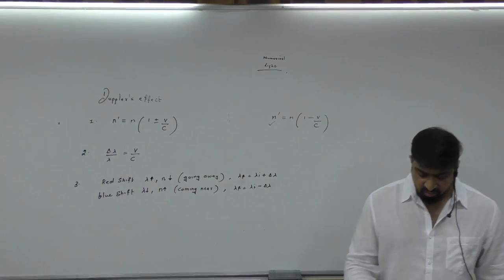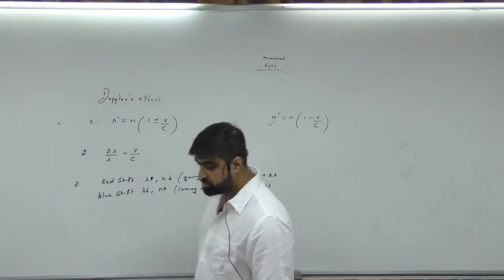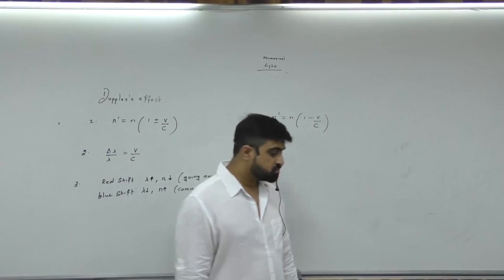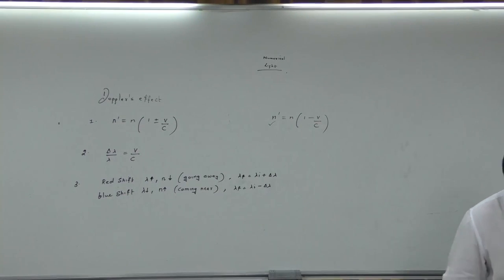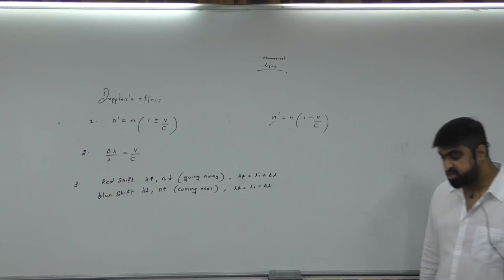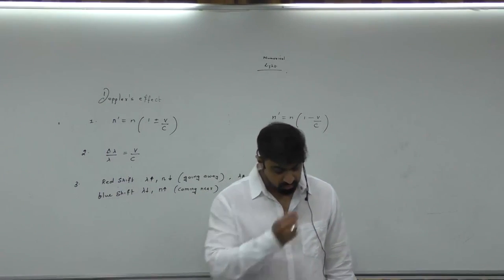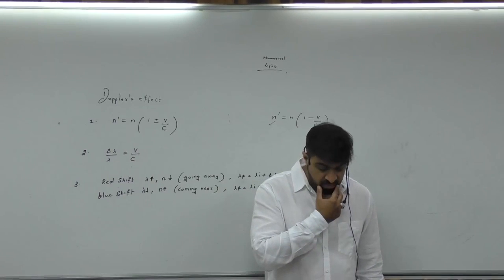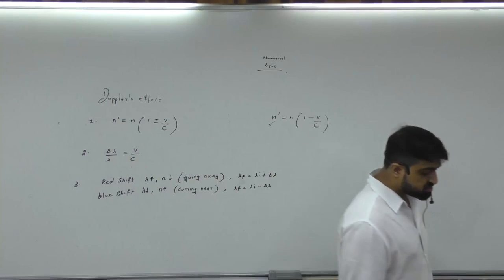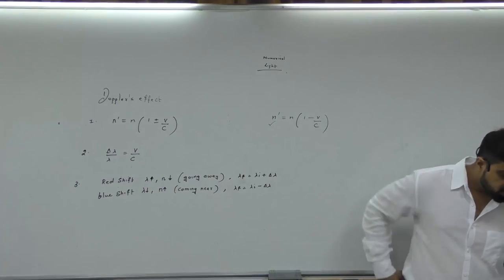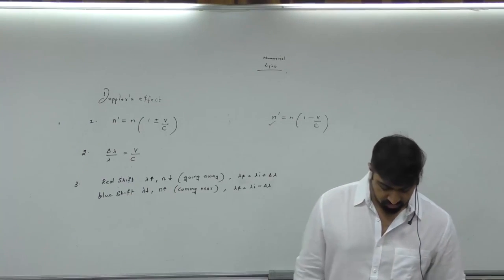The periodic time of rotation of a star is 22 days. Its radius is 7 into 10 is to 8 meters.